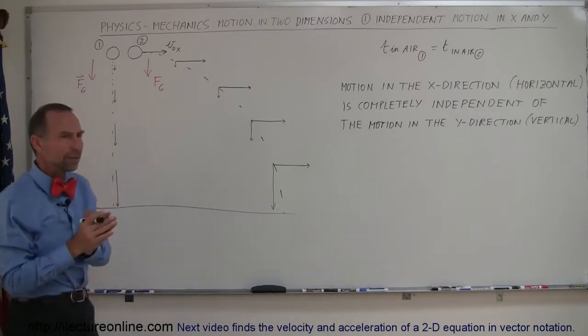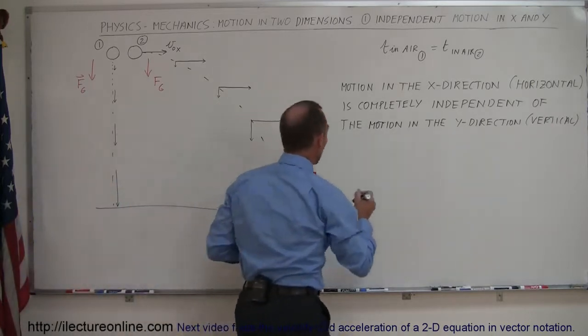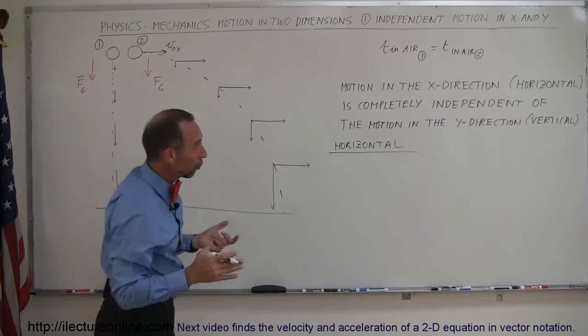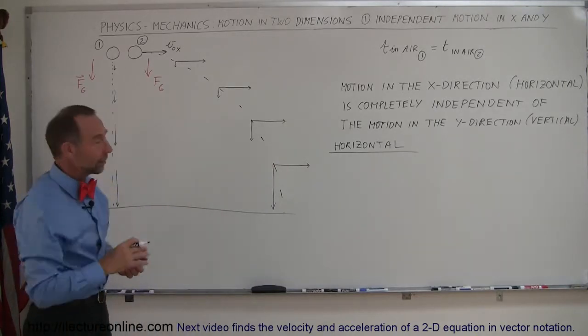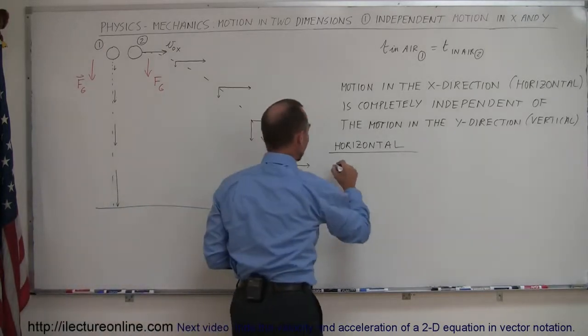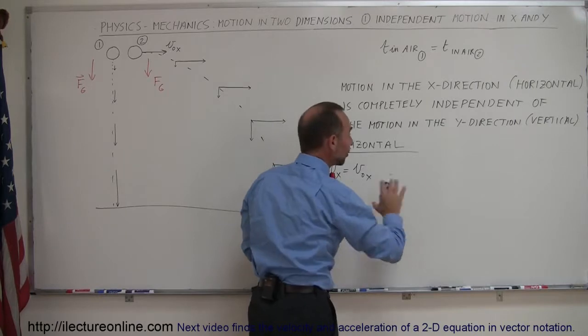Let's now talk about how we describe the equations of motion in two dimensions. For the horizontal, since there are no forces acting in that direction, there's no gravity in the horizontal direction, we can simply say that the velocity in the x direction is equal to the initial velocity in the x direction, and it doesn't change.